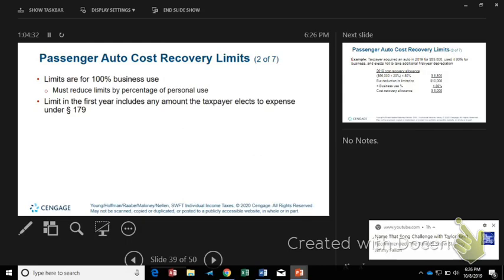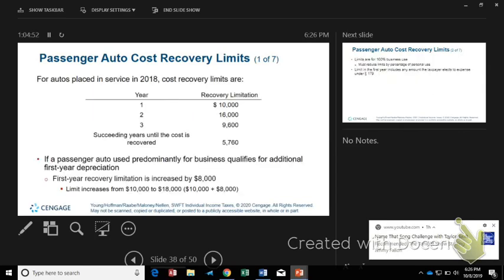Limits are for 100% business use; you must reduce limits by the percentage of personal use. So let's see if I said that right. If I use my car for 60% business, then with the exception of the additional first year, I take that $10,000 times 60% plus 8,000, unless it's 100%.